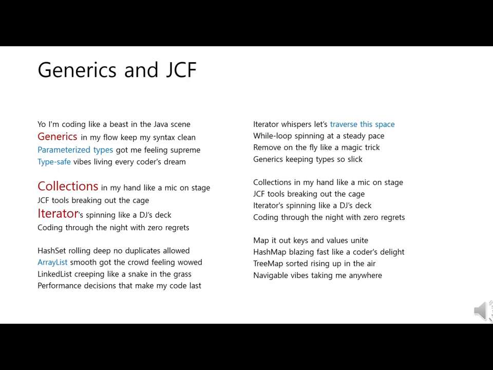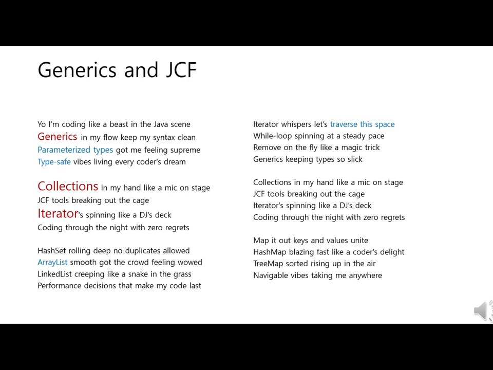Yo, I'm coding like a beast in the Java scene. Generics in my flow keep my syntax clean. Parameterized types got me feeling supreme. Type safe vibes living every coder's dream. Collections in my hand like a mic on stage. JCF tools breaking out the cage. Iterator spinning like a DJ's deck. Coding through the night with zero regrets. ArrayList smooth, got the crowd feeling wild.